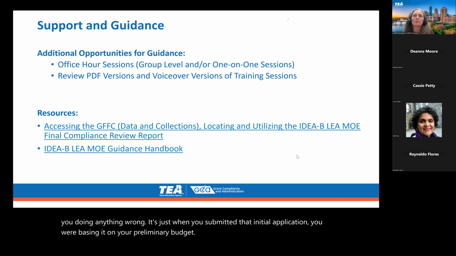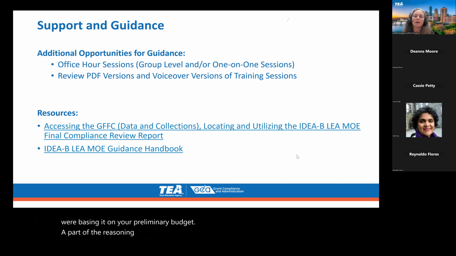Part of the reasoning for why we shifted the time frame is that previously these validations were completed right after submission of the application. That became problematic with the LEAs we were validating.